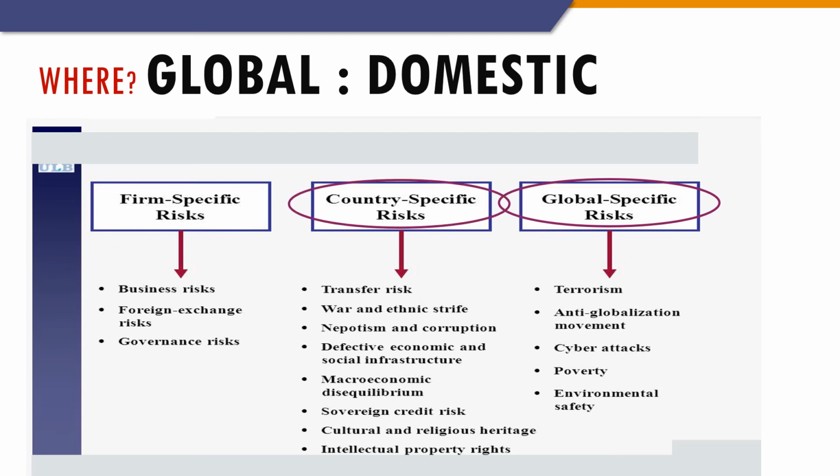As to country specific risks, we have transfer risks, war and ethnic strife, the macroeconomic disequilibrium, the sovereign credit risk, the cultural and religious heritage. Then the last one would be the firm specific risk, business risk, foreign exchange risk, and governance risk.